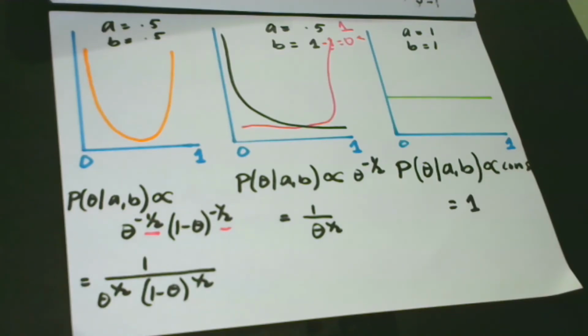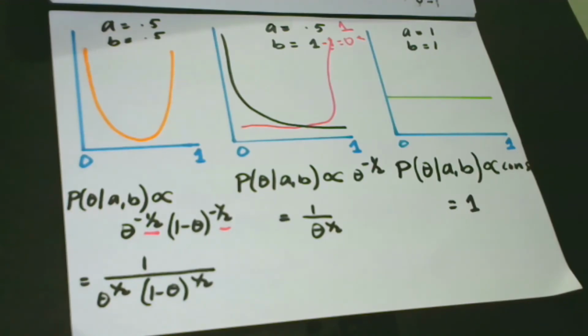So if a is 1, for example, and b is 1, then we can say that the probability of theta given a and b is proportional to the constant. So why is it constant? It would be constant 1 across the range, because a and b are all 0.